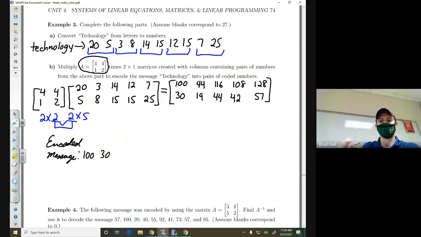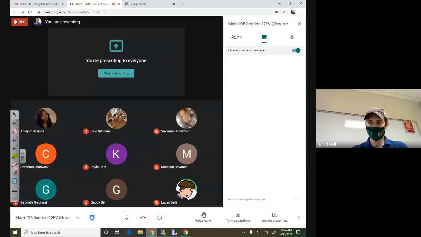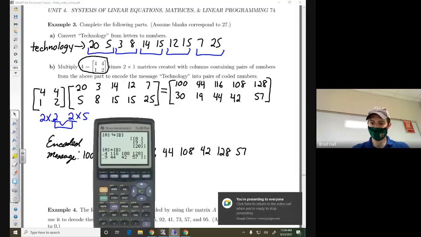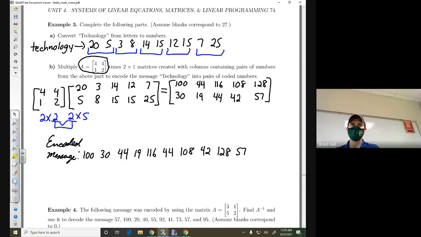You don't read it left to right, because that's not the order in which we placed the numbers in the very beginning. 30, then 44, then 19, and you keep going. So that would be the encoded matrix.